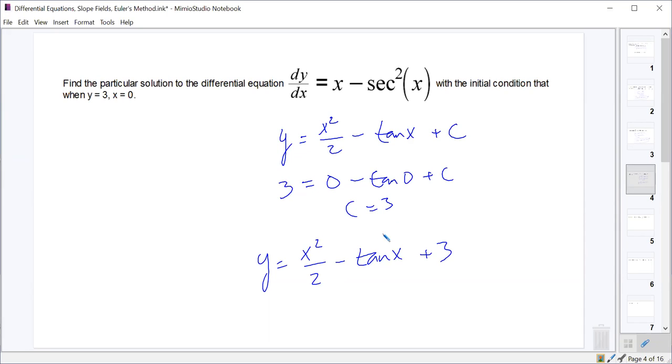Find the discontinuities, right? It has discontinuities at plus or minus pi over 2, 3 pi over 2, and so on, 5 pi over 2, 7 pi over 2, 9 pi over 2.